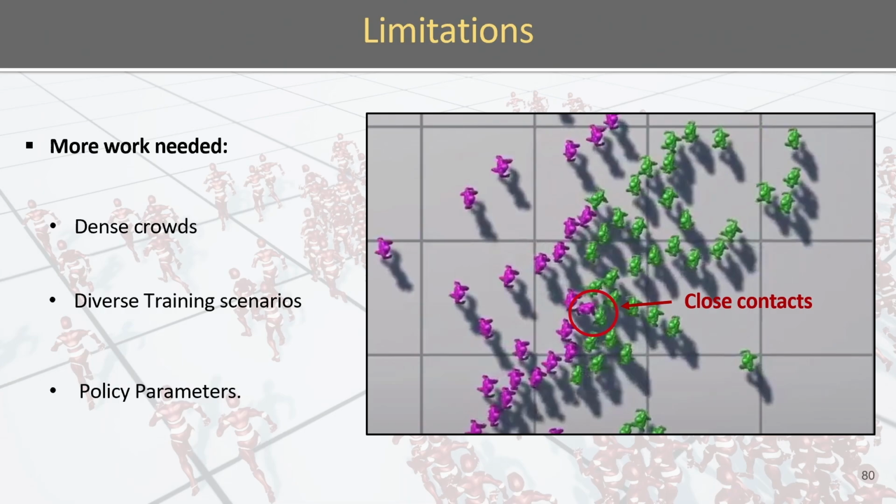And also, we use a fixed number of 10 agents and 6 obstacles for the training scenario. If we can vary this training scenario, we might be able to learn better navigation behavior.